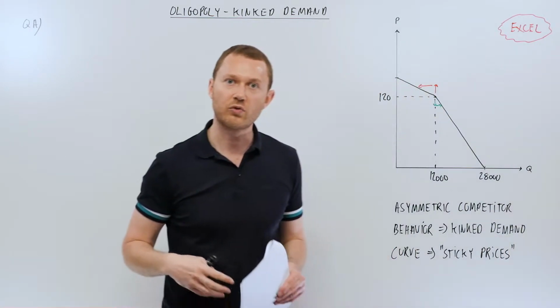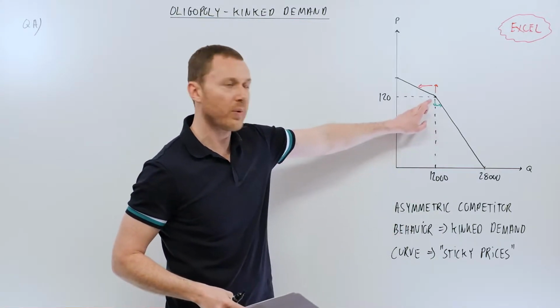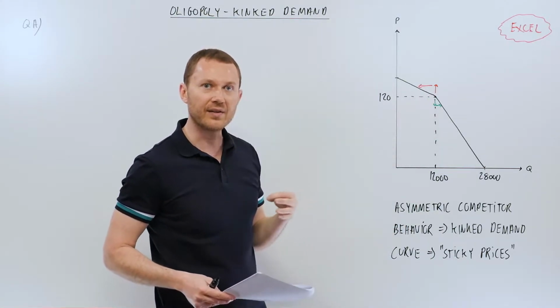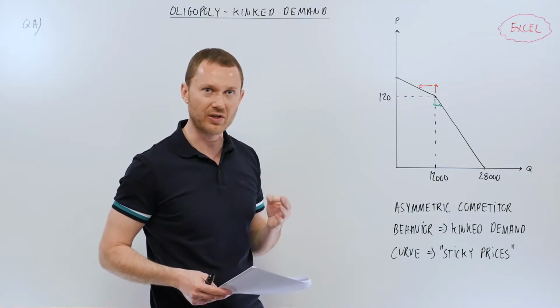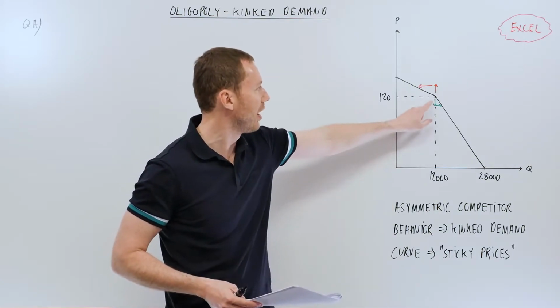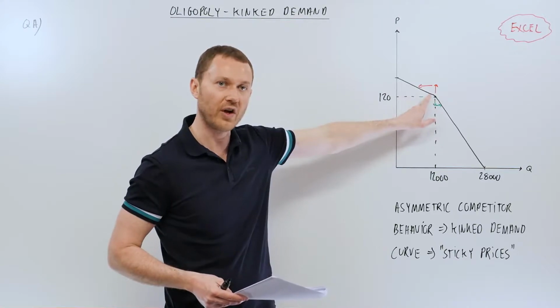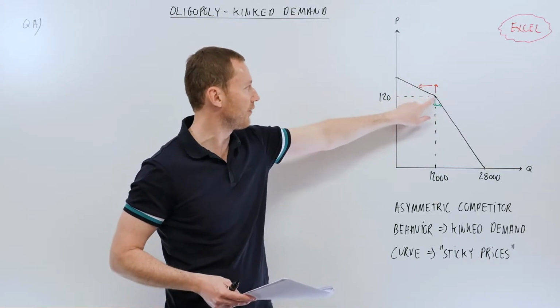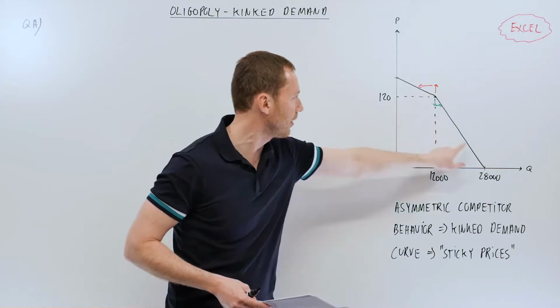So that gives us 12,000 boxes. Now we get the kink. That is very relevant information because it gives us a point on both functions. We get a point on this function up here and on that one down there.